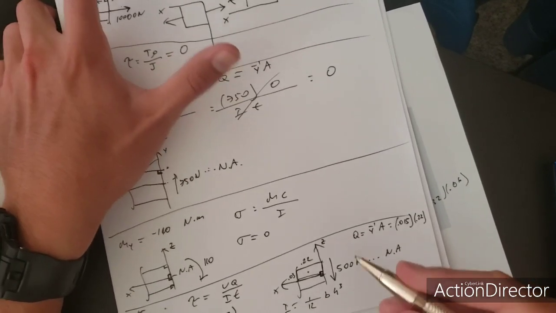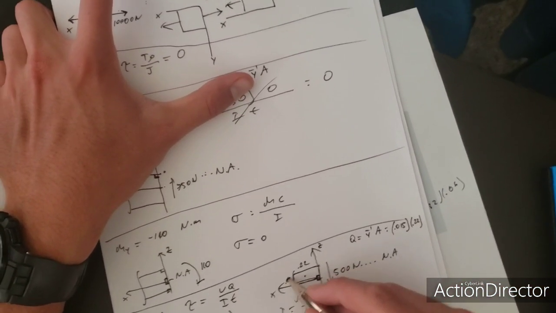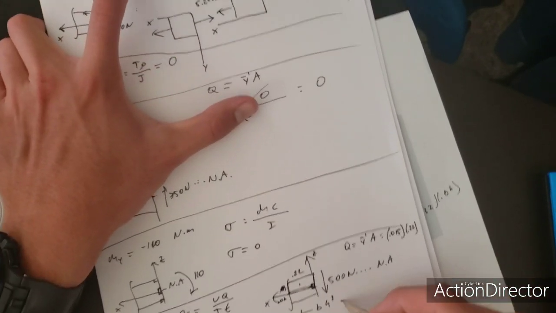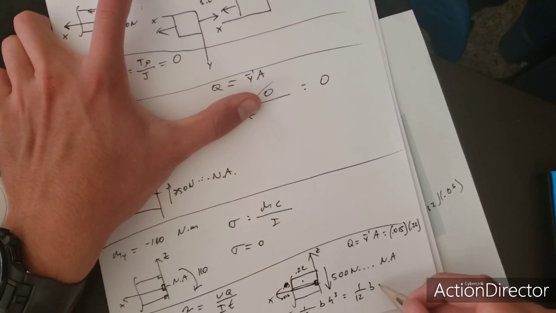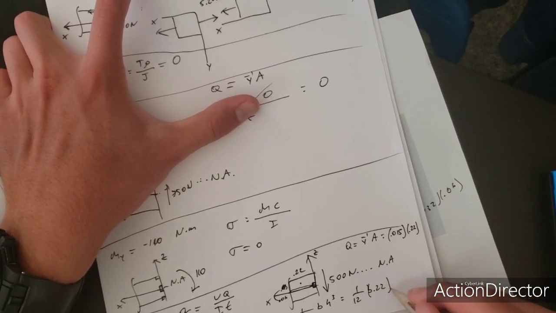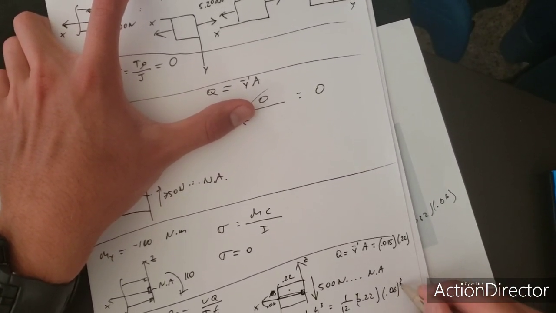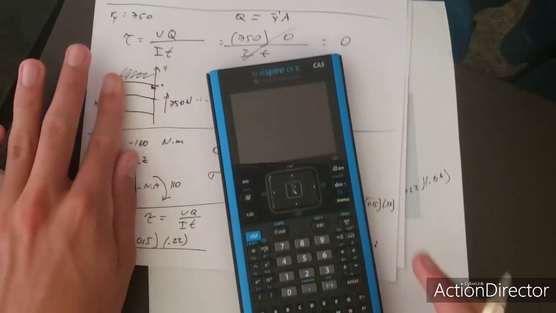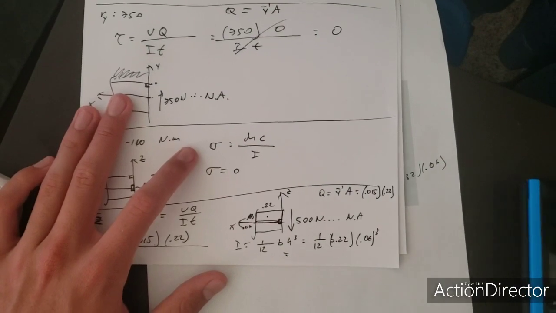Oh, no, it's not 0.03, it's of the whole rectangle, I'm sorry. So it's 0.06 for this one. So again, you plug in 1/12 BH cubed, base is 0.22, height is 0.06 cubed, and that's what I did.